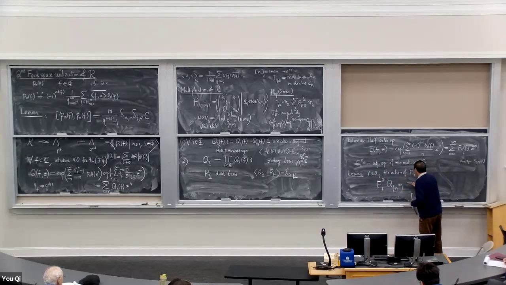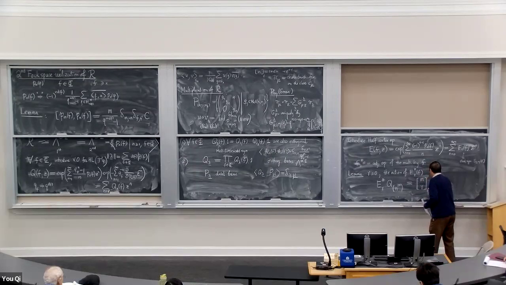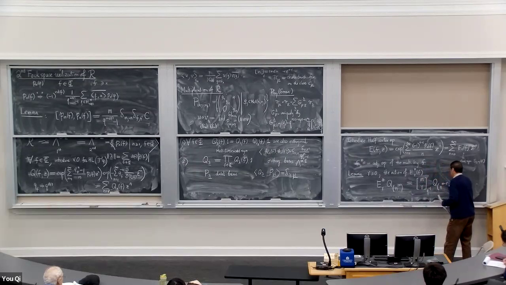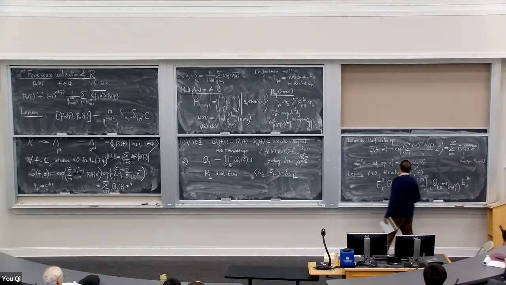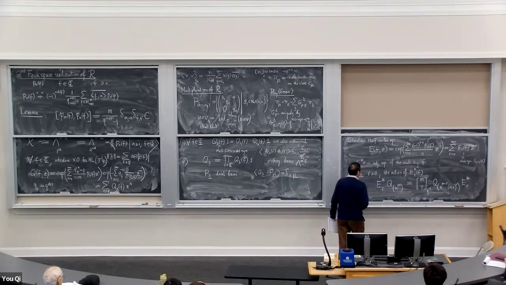And then this turns out to be M, R, Q inverse, Q M minus R, M minus 1, R and E R. So there's a commutation relation between these two.